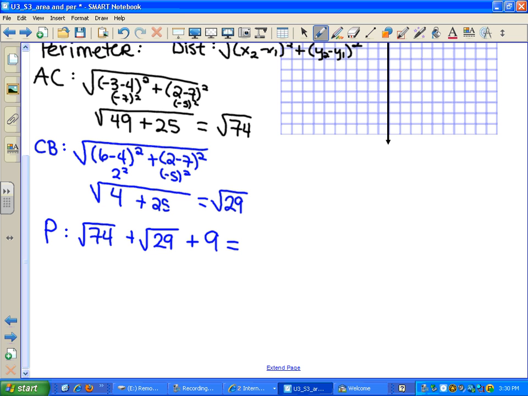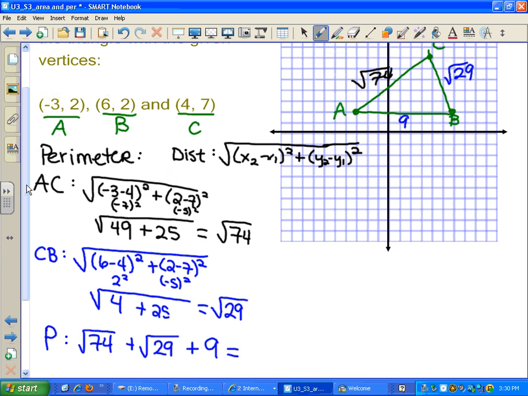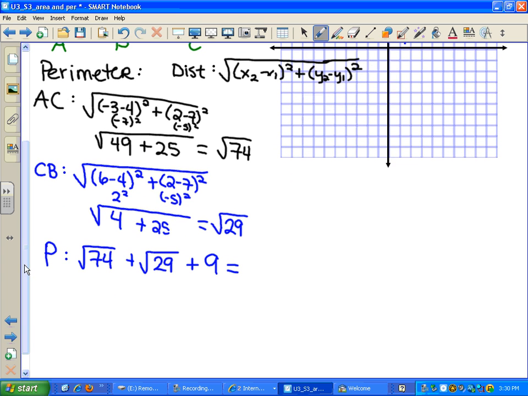So we can go ahead and put that into my calculator. Square root of 74 plus square root of 29 plus 9. Did I count that right? I end up with 21.98. Actually, let me try that again.